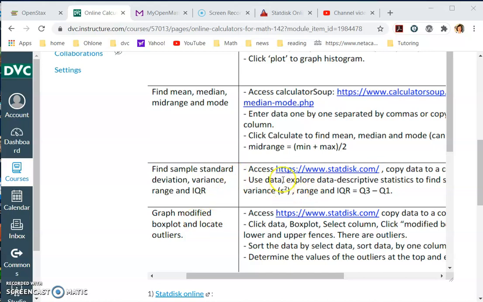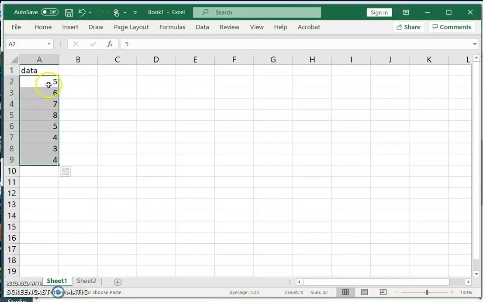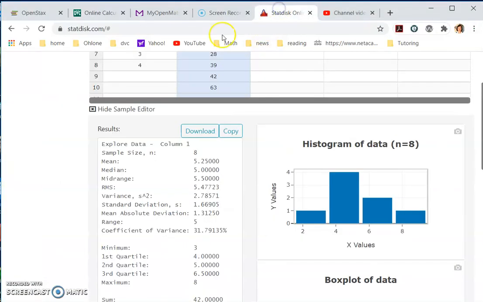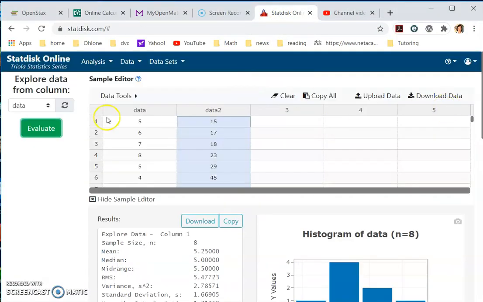So where's my data? I'm going to use the data that I have for the first set of data: 5, 6, 7, 8, 5, 4, 3, 4. I have copied it. Just pretend that I start from scratch.